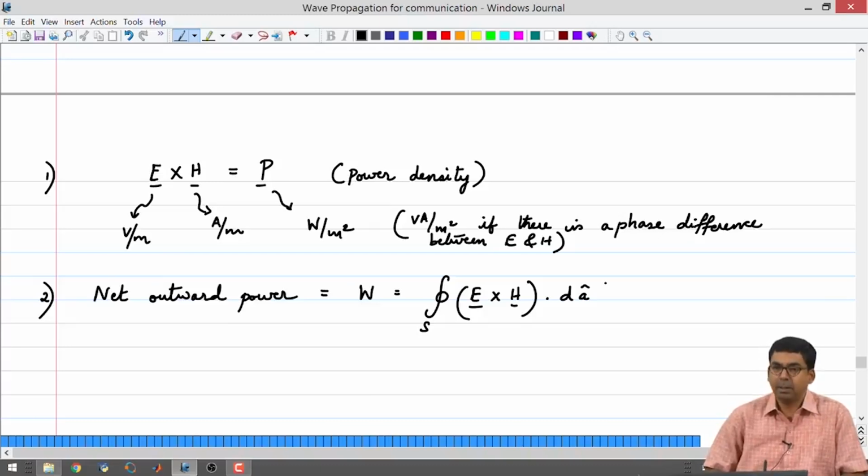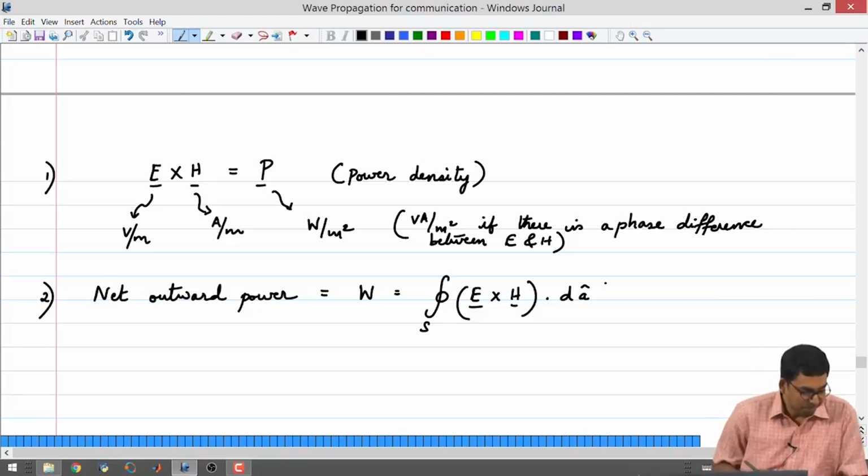That is the net outward power. Suppose you were to calculate the intensity of an electromagnetic beam that is hitting a surface, you will take the power density at every place, integrate it over the area. That is the net power that is delivered.